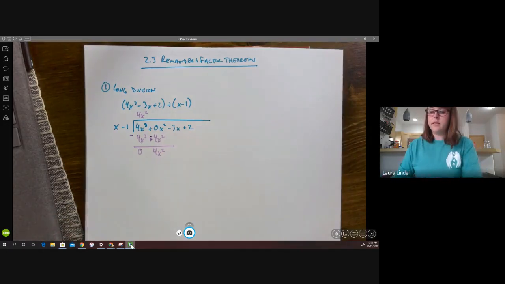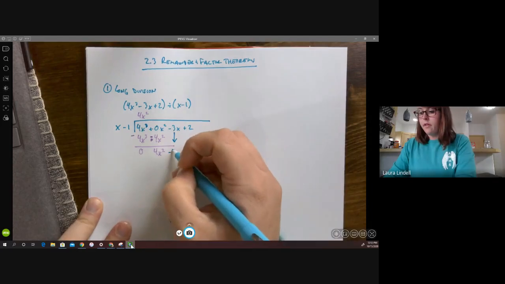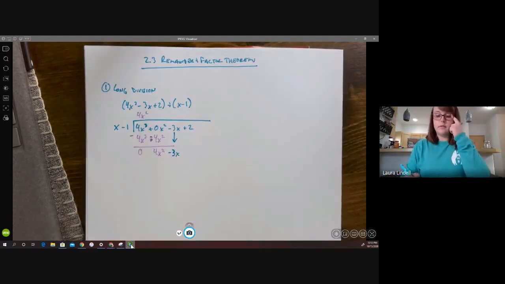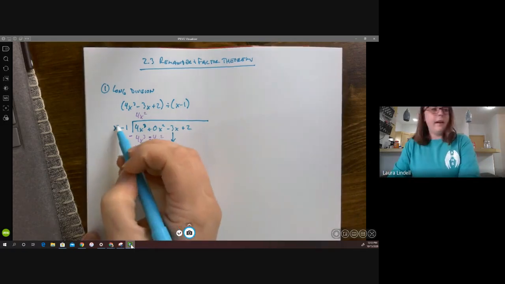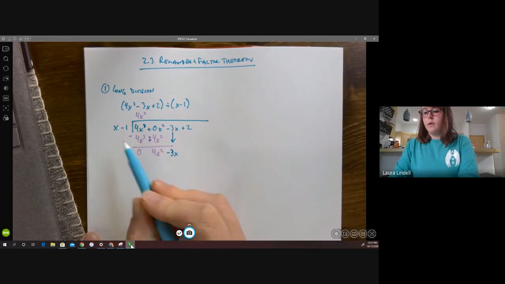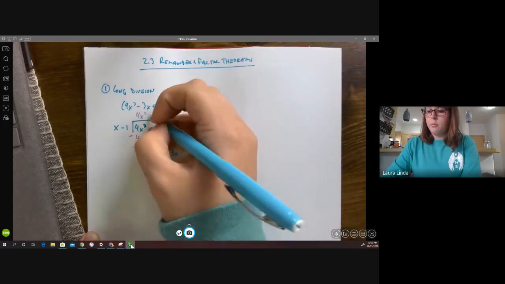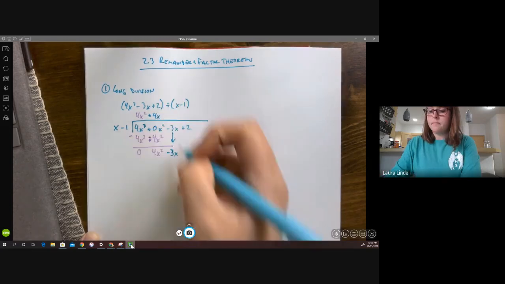Okay, so we subtract, and then we bring down the next term, minus 3x. So now we have to think, what would I multiply this by to get 4x squared? Well, x times 4x would give us 4x squared, so I go plus 4x.